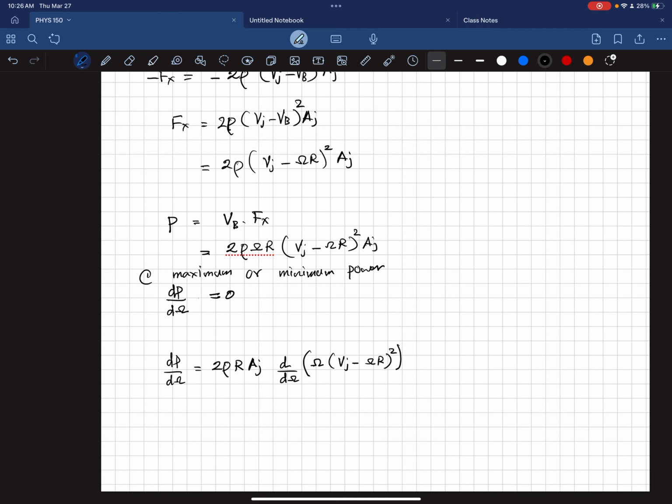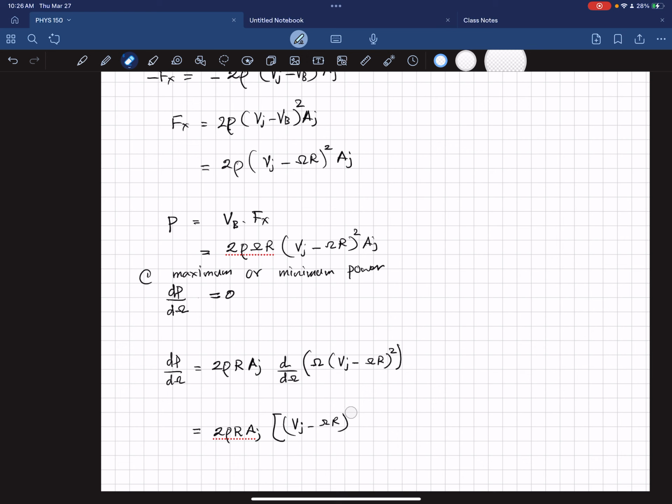So that's the function that we need to differentiate. We can write Vj minus omega r squared d over d omega, plus omega times d over d omega of Vj minus omega r squared.